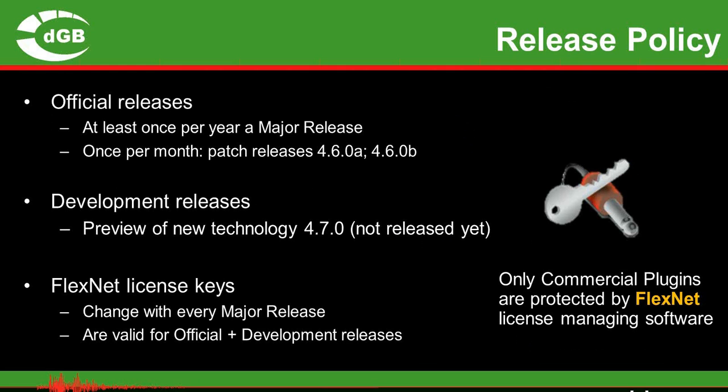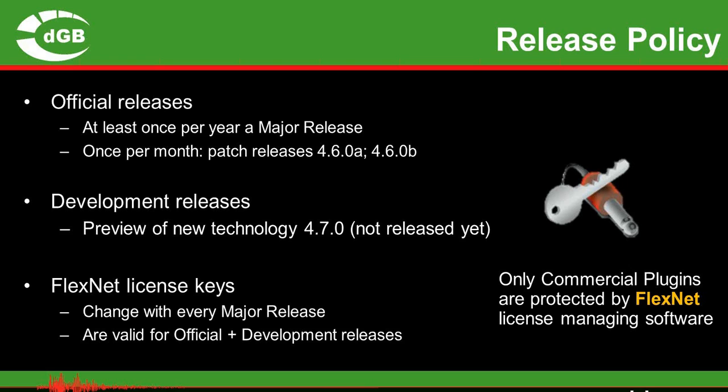On the release policy, we strive to make one major release every year, and once this is released we follow up with patch releases in which we are mainly solving bugs and only little new functionality is added. Patch releases are released every third week of every month, and they are recognized by a small letter behind the release number.